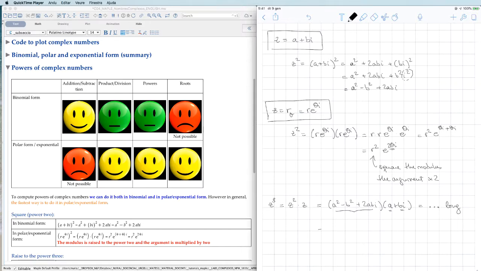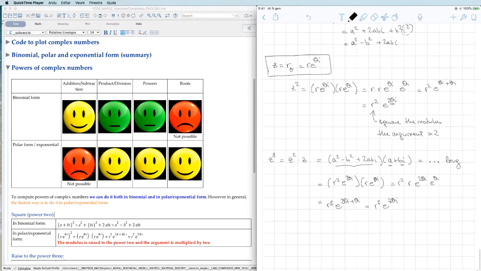But what about in polar form? So now here I'm going to put z squared, and now I again put z. So in this case, now I join r squared r, e to theta i times e to theta i, and now I join the exponents, so I have r cubed e to theta i plus theta i, which is going to be r cubed e 3 theta i.